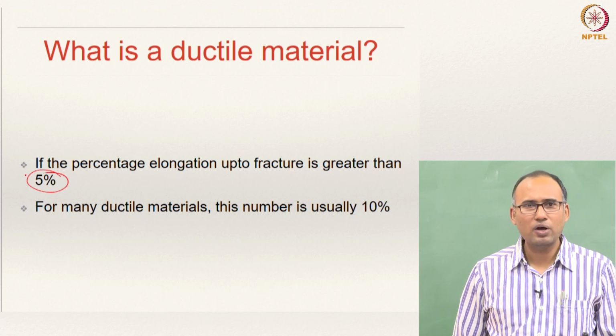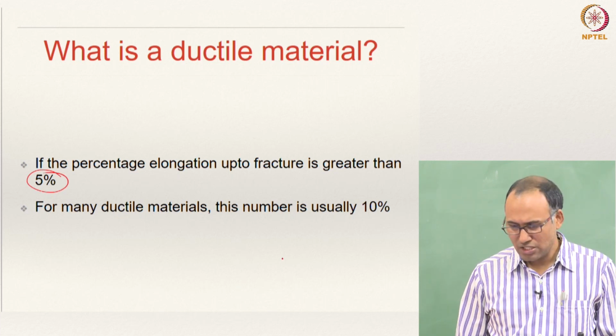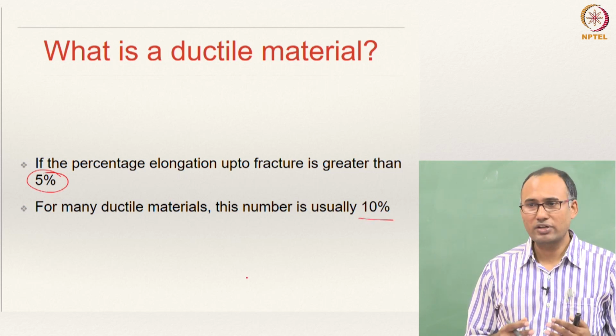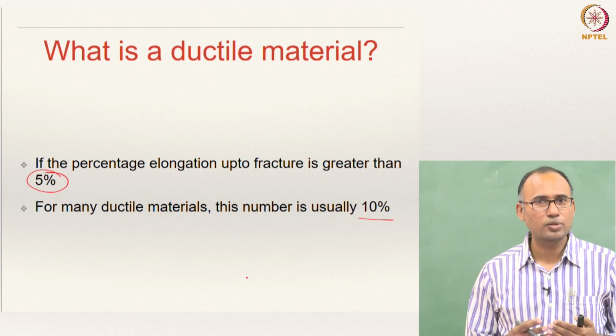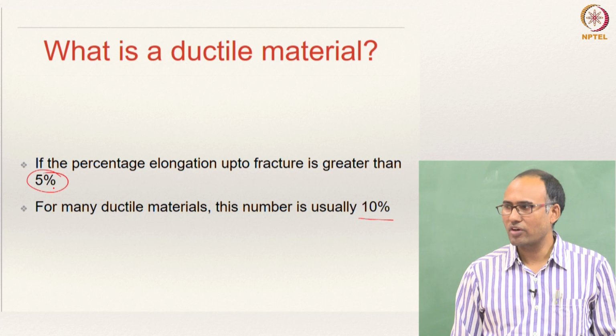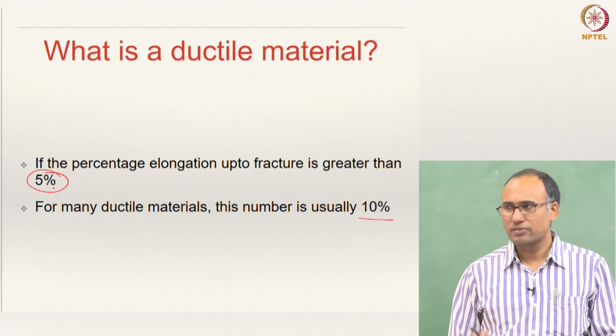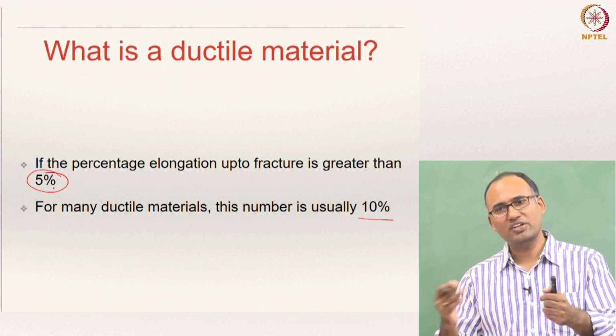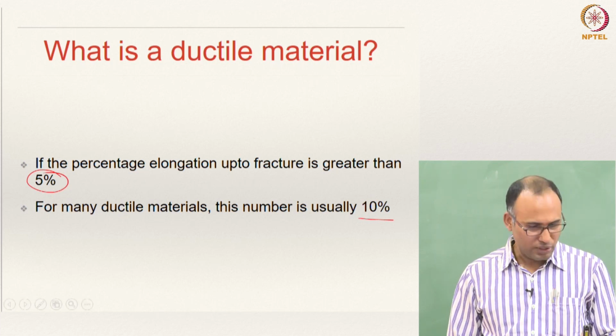Typically, most ductile materials will have almost 10%, but for the definition, you will see the percentage elongation until fracture is more than 5%, and then you say, okay, this is what I am going to consider as a ductile material. If it is less than that, then you will consider it a brittle material.